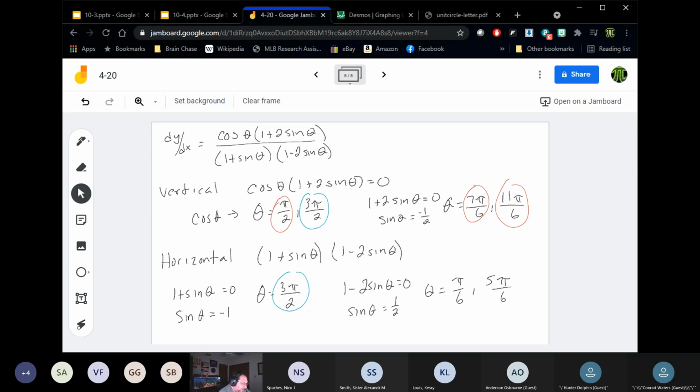For horizontal, we have pi over 6 and 5 pi over 6. So the 3 pi over 2, since we have 0 over 0, is not a vertical tangent for this one. So we don't have to worry about the 3 pi over 2 one.